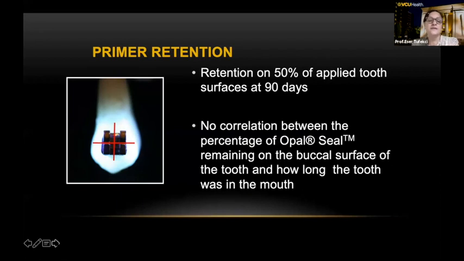We did this calculation based on a quadrant system. We basically visually tried to add up the quadrants and see if it is 25%, 50%, 75%, or 100%. And in our study, we found that at the end of 3 months, there was only 50% of the product still remaining.